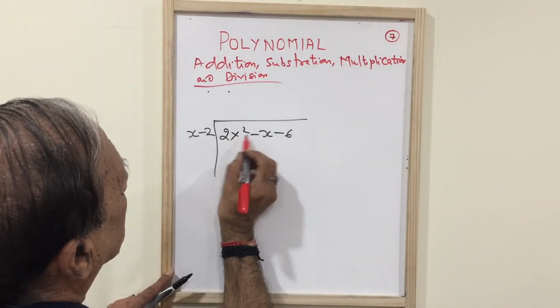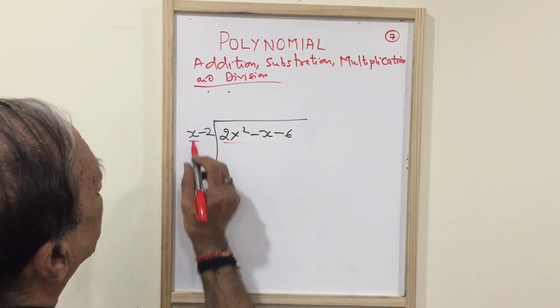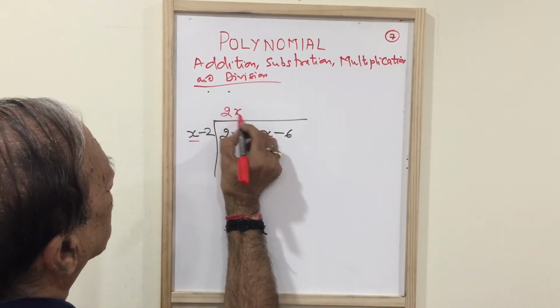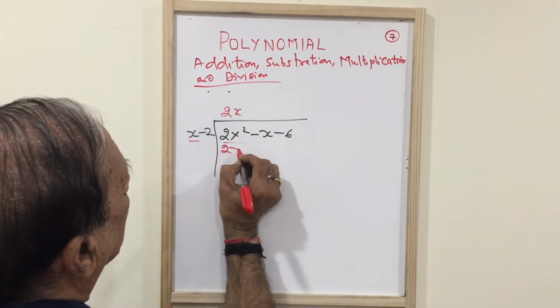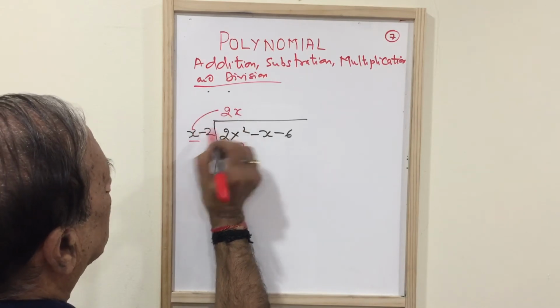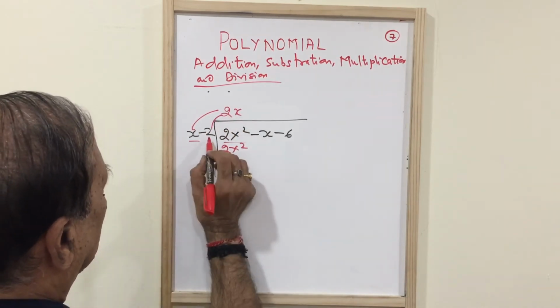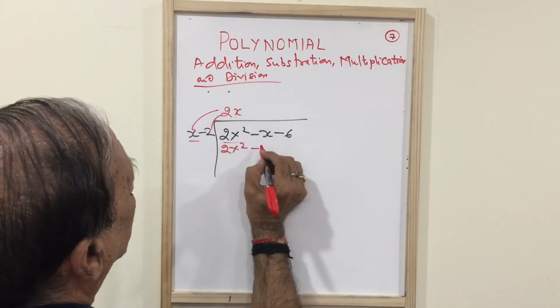So here inside it is 2x square, outside is x. If we multiply x with 2x, then it will come 2x square. Again, in a similar way we will multiply 2x. First we multiply with this x, second we multiply with minus 2. So it will become minus 4x.